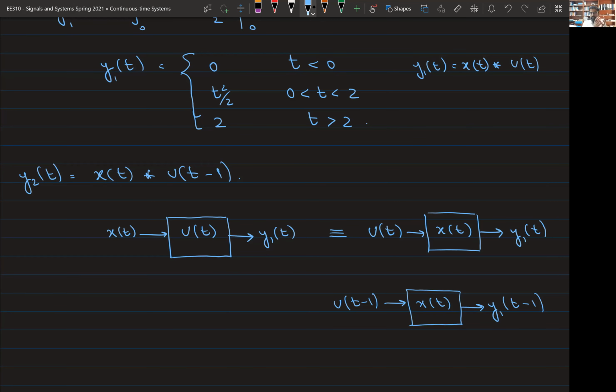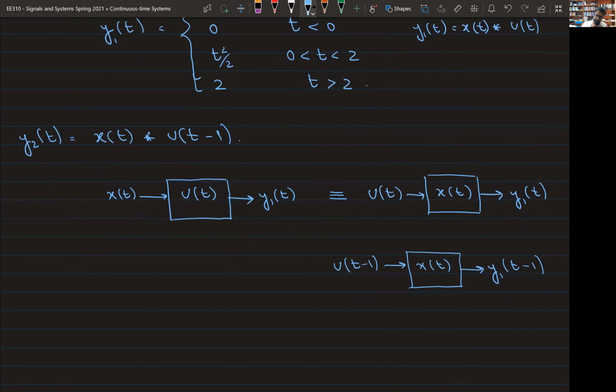A shift in the input by 1 second should cause the same shift in the output as well, because the system is time invariant. From here I can conclude that this is nothing but y2.